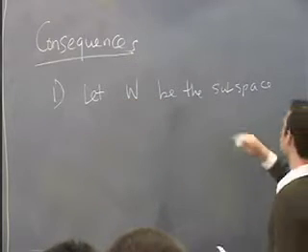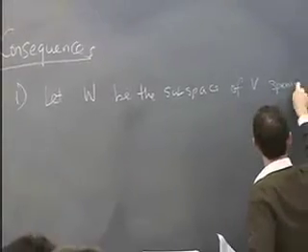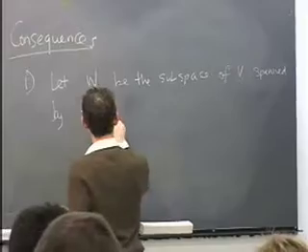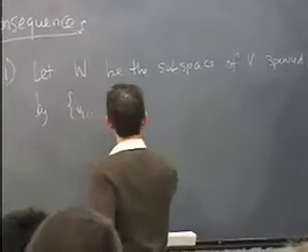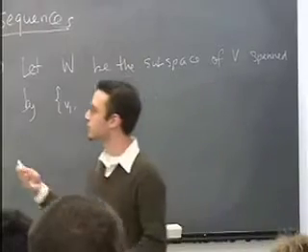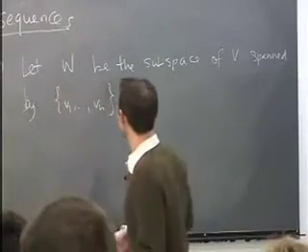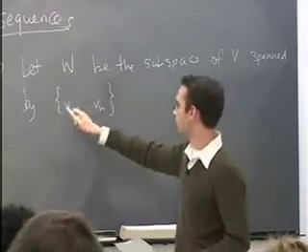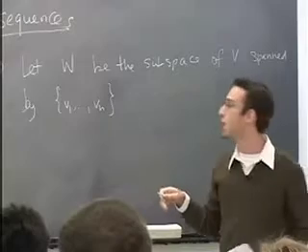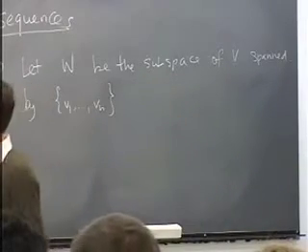And I'm going to let W be the subspace of V spanned by the set v1 through vn. Now recall we saw last time the word span means the set of things which are linear combinations of a particular set of vectors. So W is all things of the form c1 v1 plus dot dot dot cn vn, where c1 through cn range over the implicit field F.